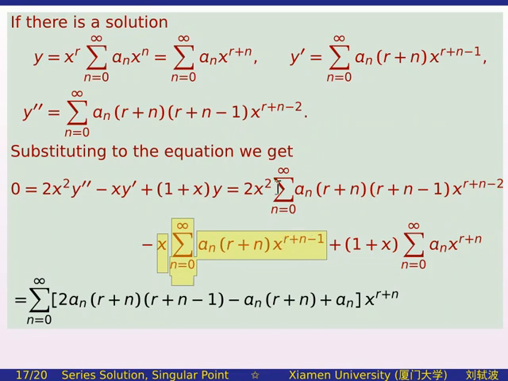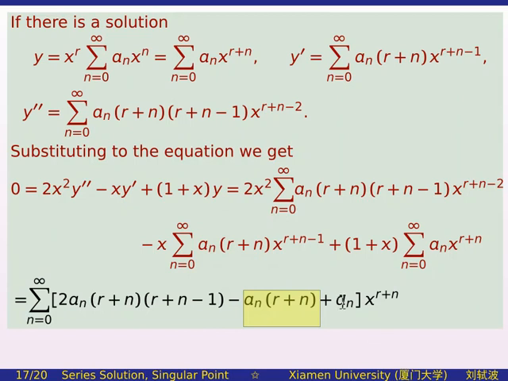So for both of the first two summations, the power of x is r plus n. We write x to the r plus n here, and then combine all the other coefficients: that is 2 an times r plus n times r plus n minus 1, and then minus an times r plus n.